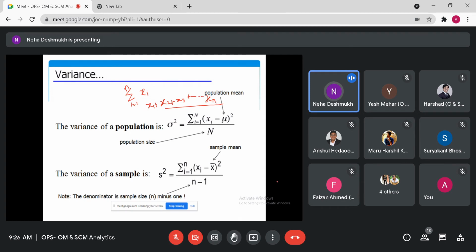X bar is the mean for sample. Class, can I proceed? Yes, ma'am.